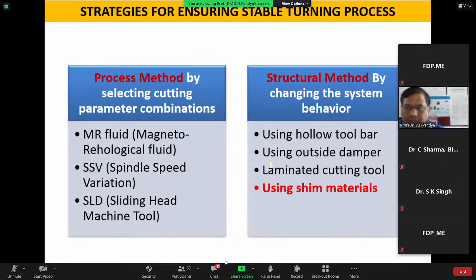There are a cutting speed and spindle speed. These two are different things. Generally, this question is asked in a viva: what is the difference between the cutting speed and the spindle speed? Spindle speed is constant on your lathe machine or conventional machine.